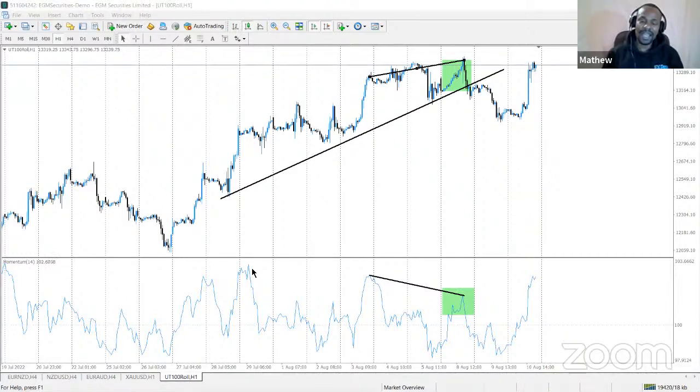Yeah, because I was just saying that for you to use this divergence as a way of exiting the market, I think for a trader who is riding the trend, it's a matter of checking out once the price is not able to bounce on that trend line as it has been happening previously.